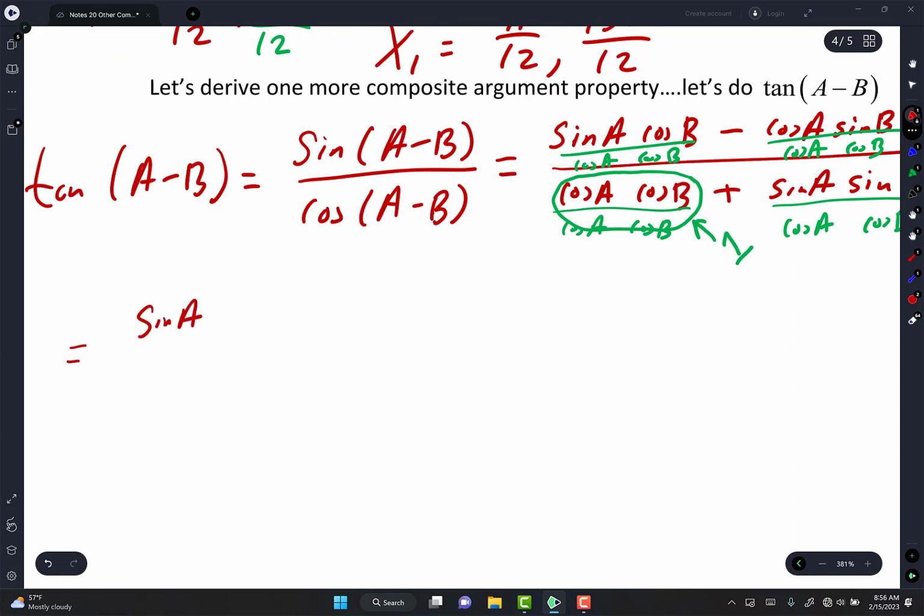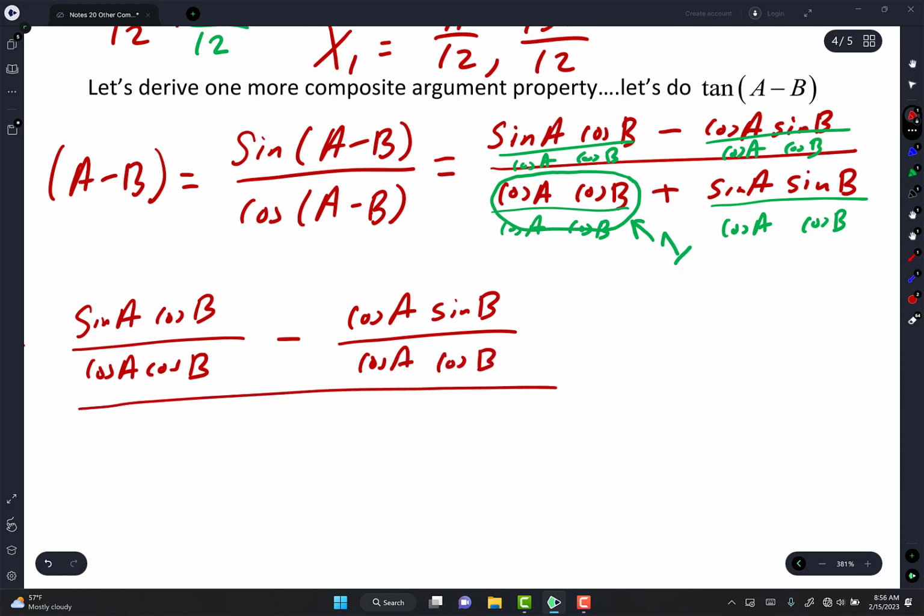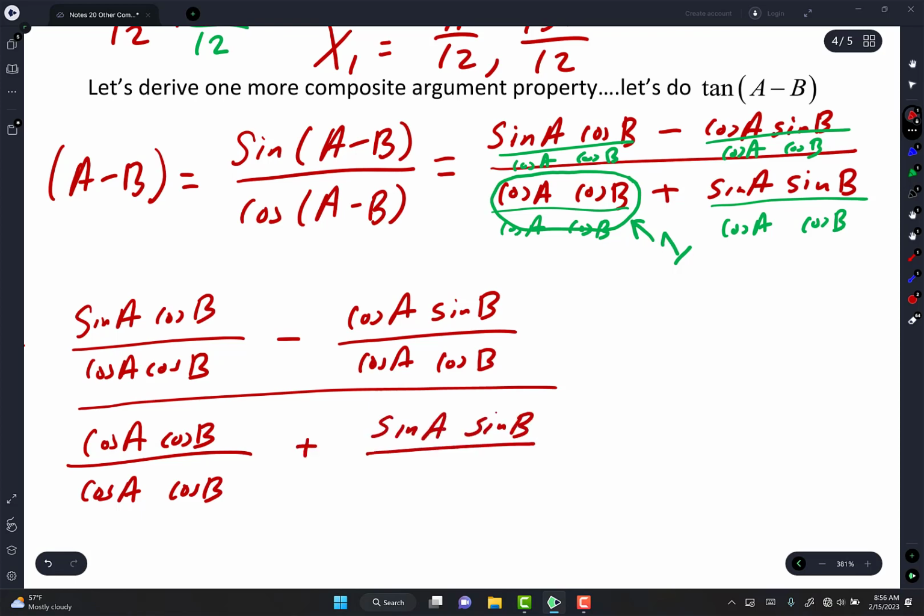I'm going to write sine A cosine B divided by cosine A cosine B minus, and then I have cosine A sine B divided by cosine A cosine B. All this is over cosine A cosine B divided by cosine A cosine B plus sine A sine B divided by cosine A cosine B. All we're doing, guys, is just basic algebra 2 stuff.